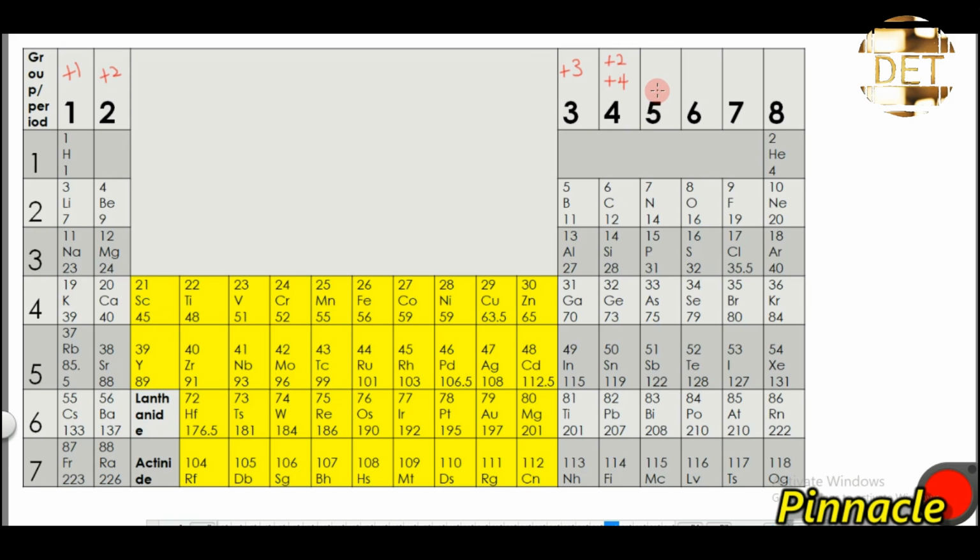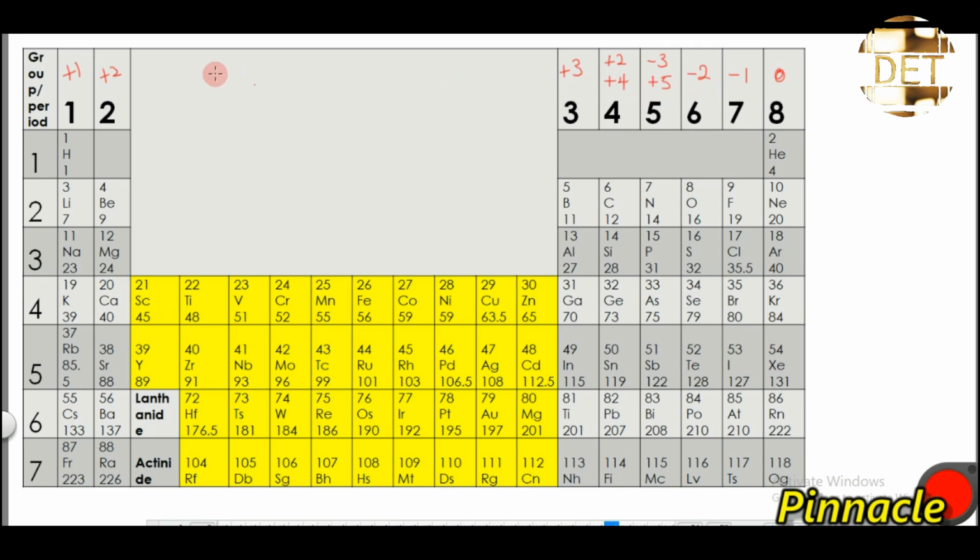Elements in group 5 have minus 3, that is the group number 5 minus 8, which gives minus 3, or they can have plus 5. Usually it ranges from minus 3 to plus 5 in some of them. Elements in group 6 usually have an oxidation number of minus 2. Elements in group 7 have minus 1, and elements in group 8 have 0.